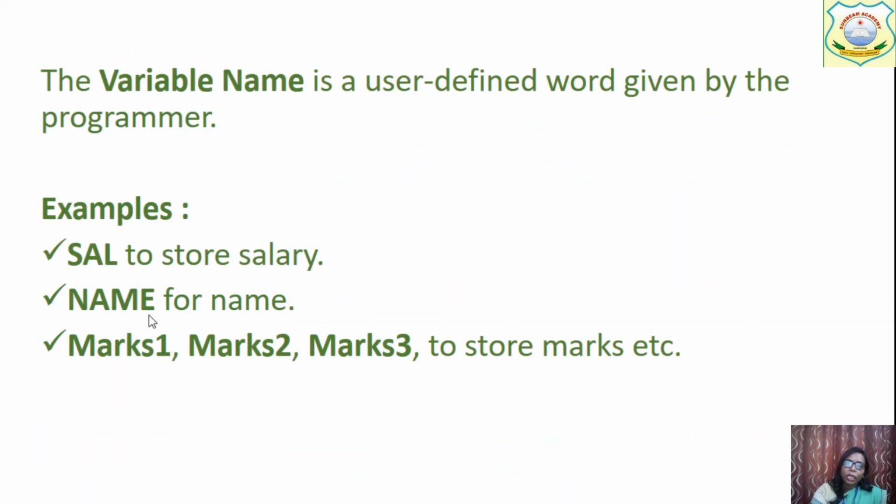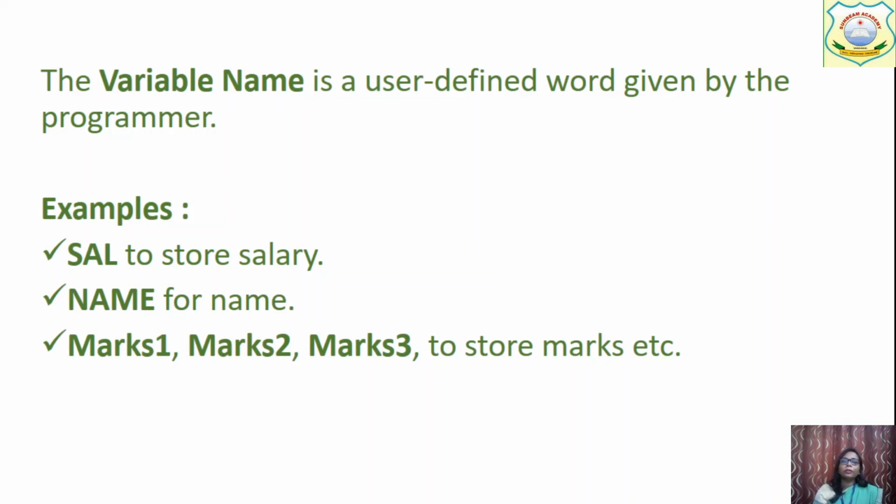If we want to store the marks, we can give it the name marks1, marks2, marks3. Okay. In this way, we can give a name to the variable, according to our convenience.